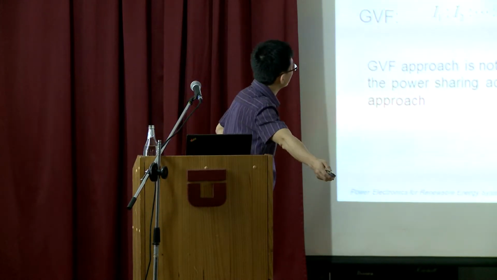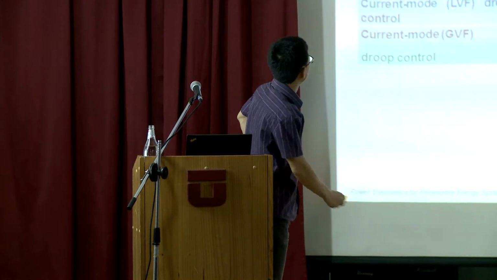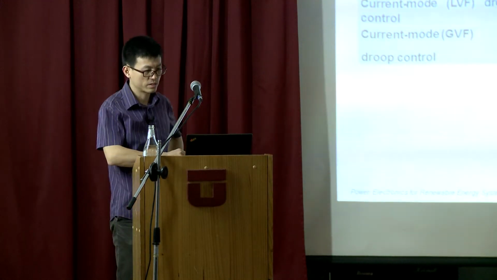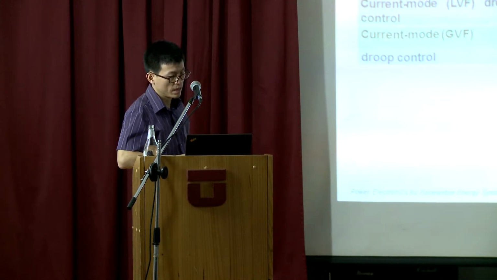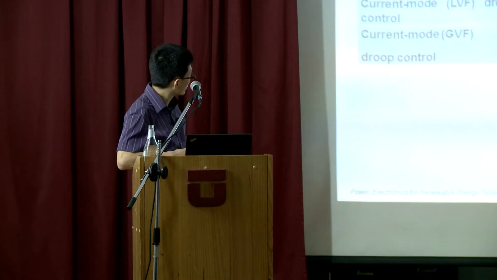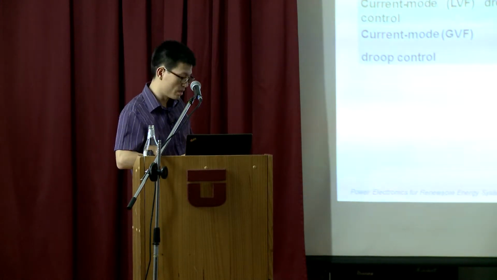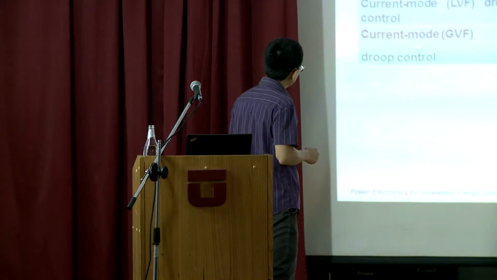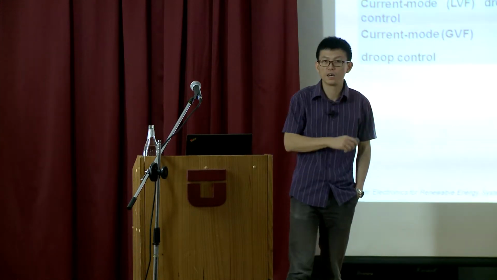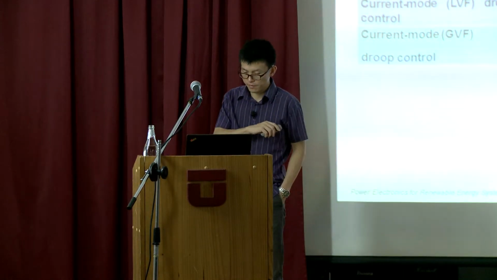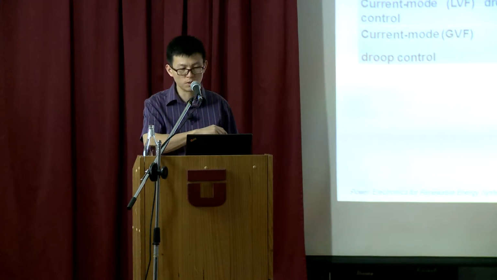A quick summary here. There are three methods: voltage mode droop control, current mode droop control using local voltage feedback, and current mode droop control using global voltage feedback.